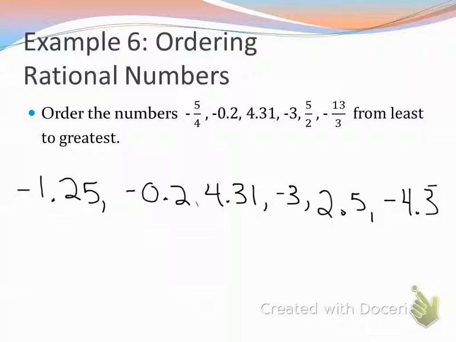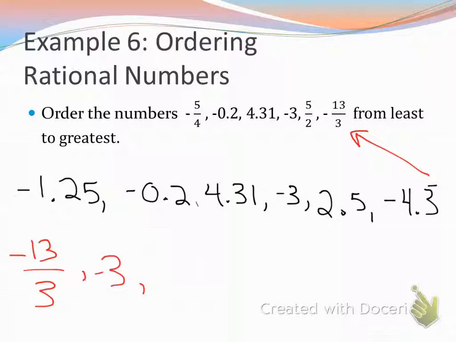All right, so what is the very least number in this data set? Negative 4.3 repeating, but what is it in its original form? Negative 13 over 3. And that's what I write in my answer. Remember, you're going to write these in their original form. What about my next smallest number? Negative 3. Very good.